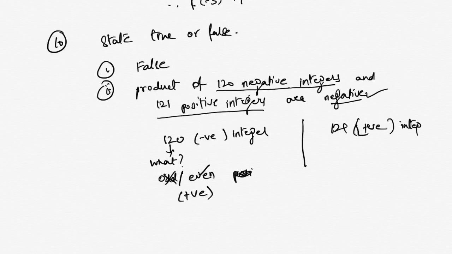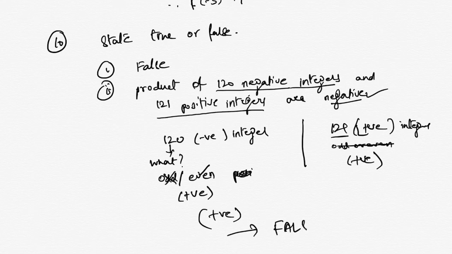Now whether it is 121 or how much, it doesn't matter. You don't have to care whether it is odd or even. It is always positive. So positive into positive is positive. This should be a positive integer. But here it says negative, so this is false. So the second one is false.